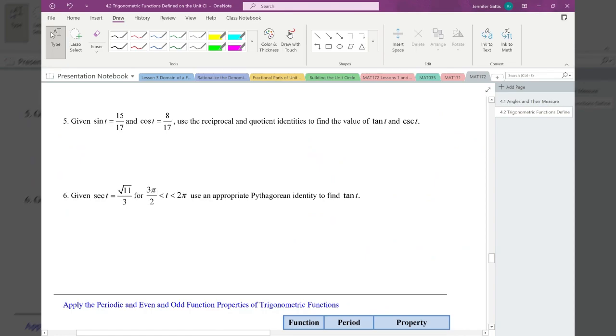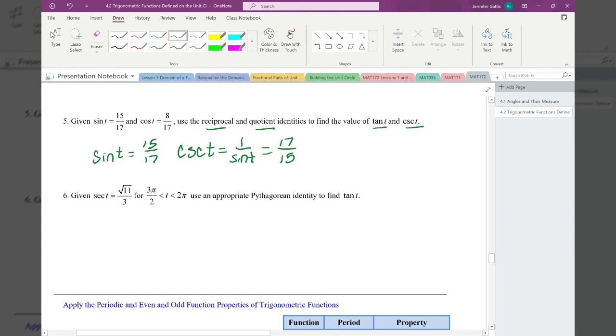Given that sine t is 15 over 17 and cosine t is 8 over 17, we want to use reciprocal and quotient identities to find tangent and cosecant. So take a minute and do that. If sine t is 15 over 17, cosecant t is 1 over sine t, which is going to be 17 over 15.